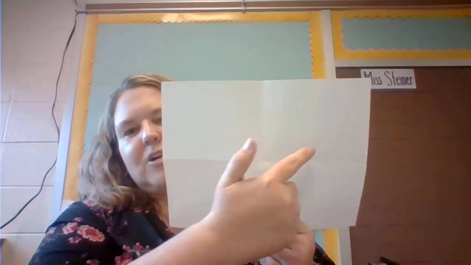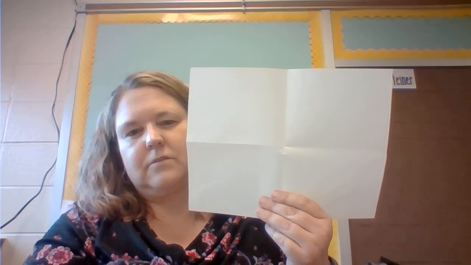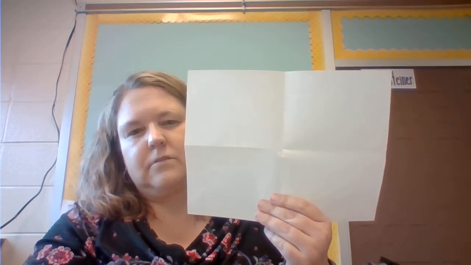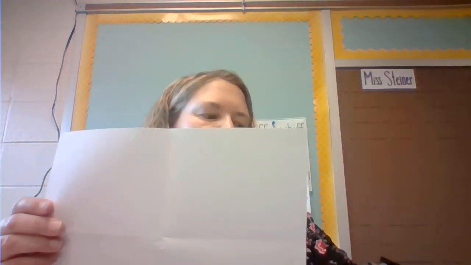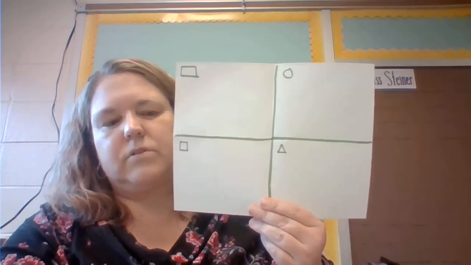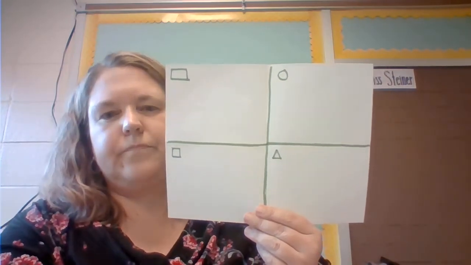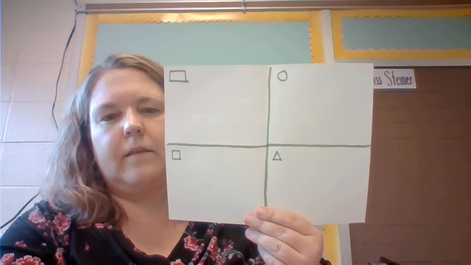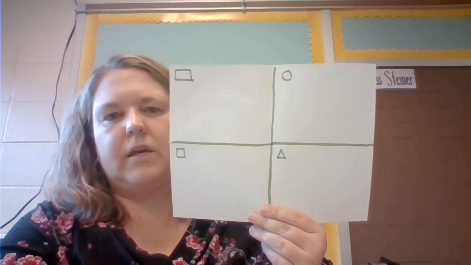Then when you open up your paper, you're going to have 4 rectangles. So then with your 4 rectangles, you can draw lines to separate those rectangles. You don't have to, but you can.